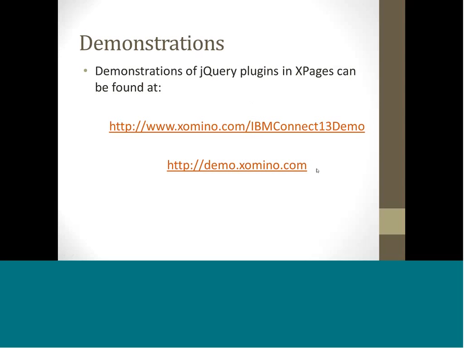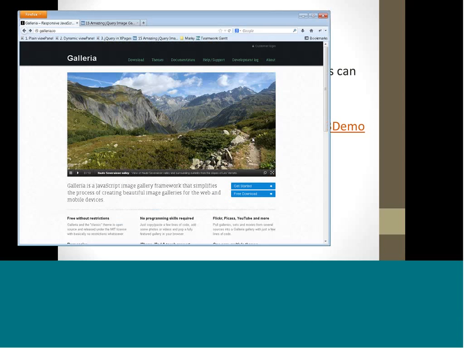For the most part, what I've tried to do is find examples that would really fit into situations where I've had requirements in the past. So I haven't got 15 different slideshow plugins, because all I need to do is demonstrate that you can do one in XPages. And if you don't like that one, then you can go and find one for yourself. So let's take a look at some examples.